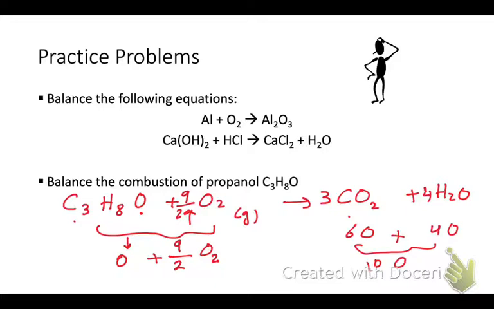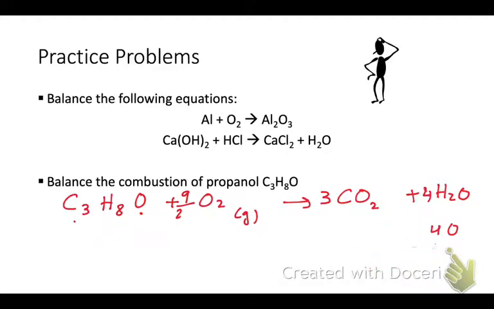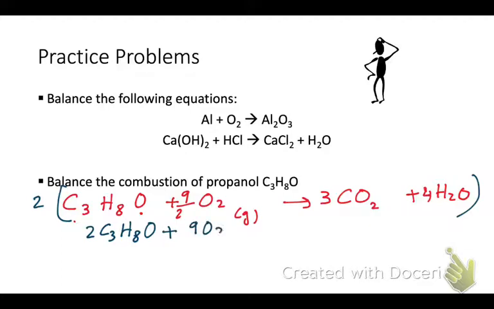Now what I will do, I'm going to get rid of the fraction, as I have taught you, by multiplying my equation by 2. And now I'm gonna get 2 propanol molecules reacting with 9 oxygen gas to give me 6 carbon dioxide and 8 water molecules.